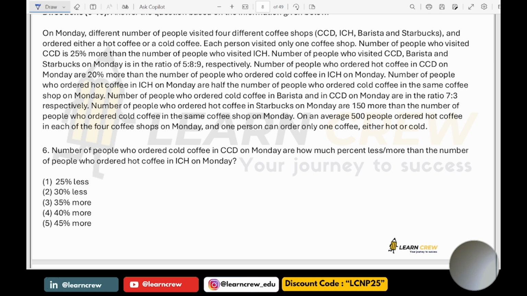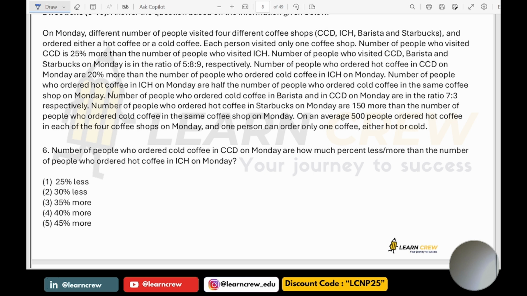Number of people who visited CCD, Barista and Starbucks on Monday is in the ratio 5:8:9. Number of people who ordered hot coffee in CCD on Monday are 20% more than the number of people who ordered cold coffee in ICH on Monday.